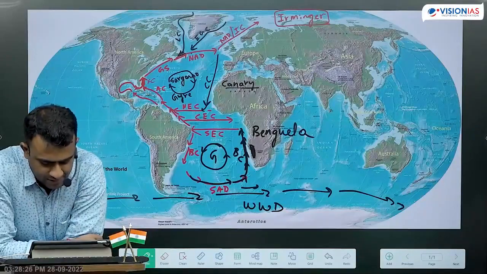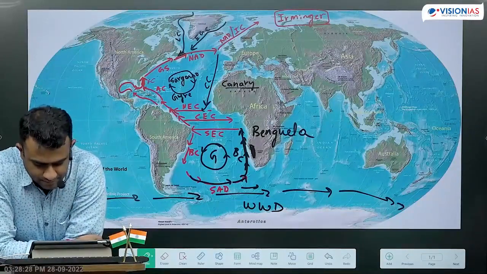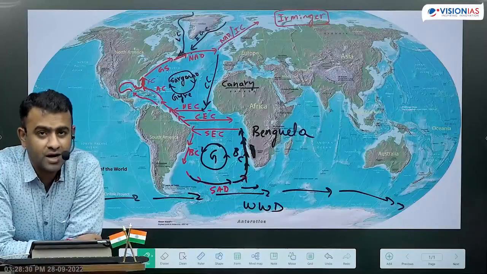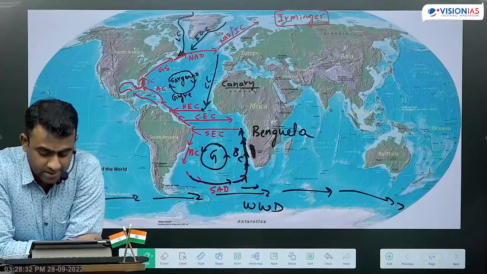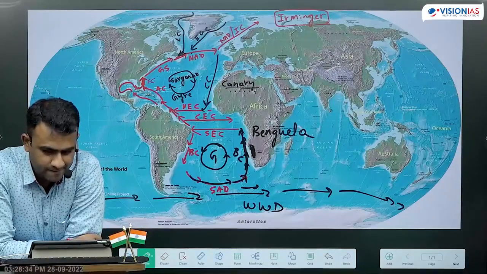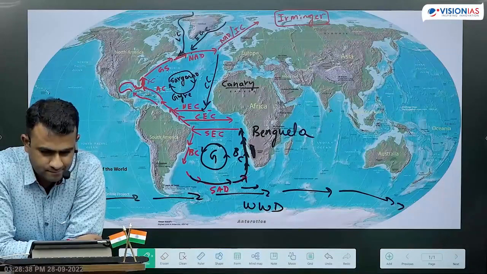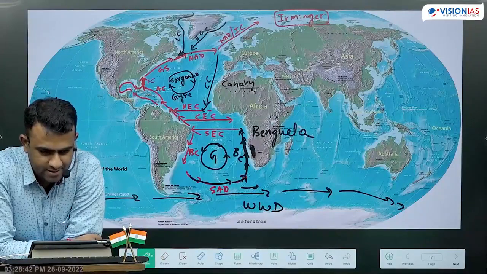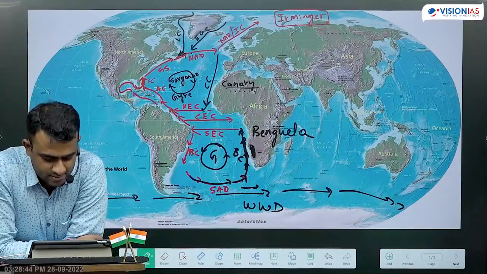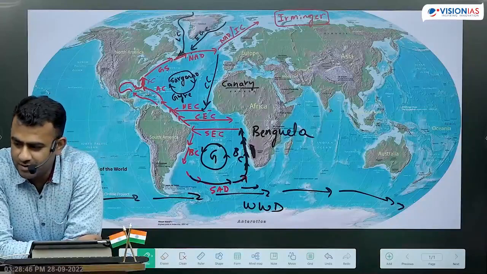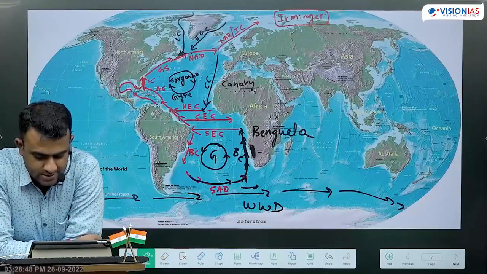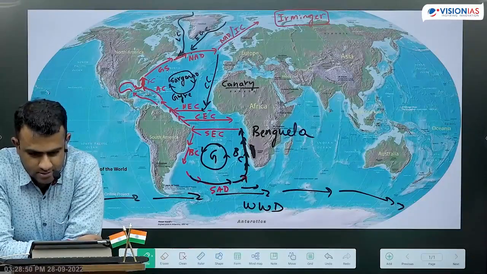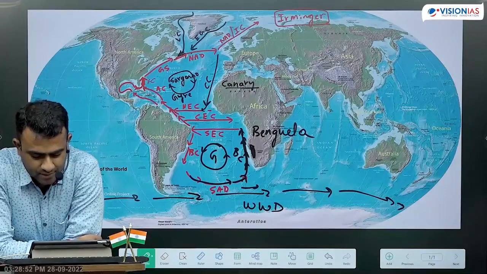Next point, at higher latitudes, the Brazilian current is deflected towards the left, and flows as South Atlantic Drift.